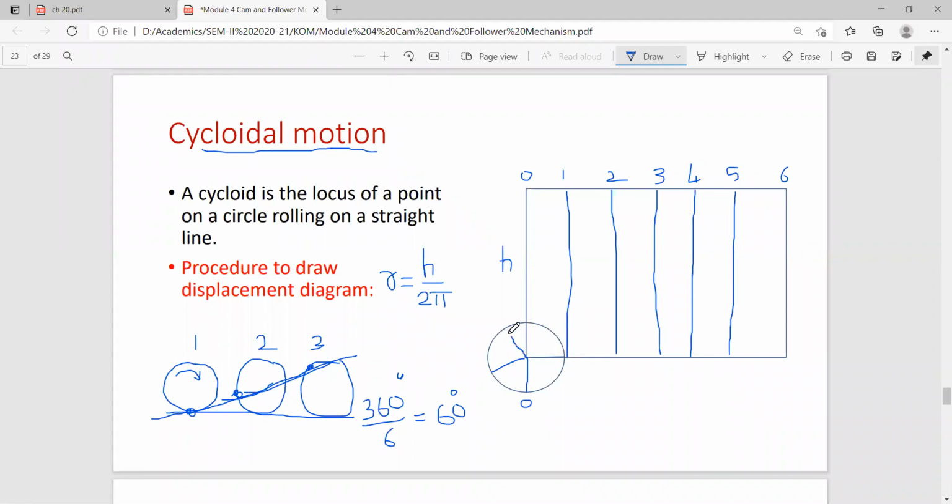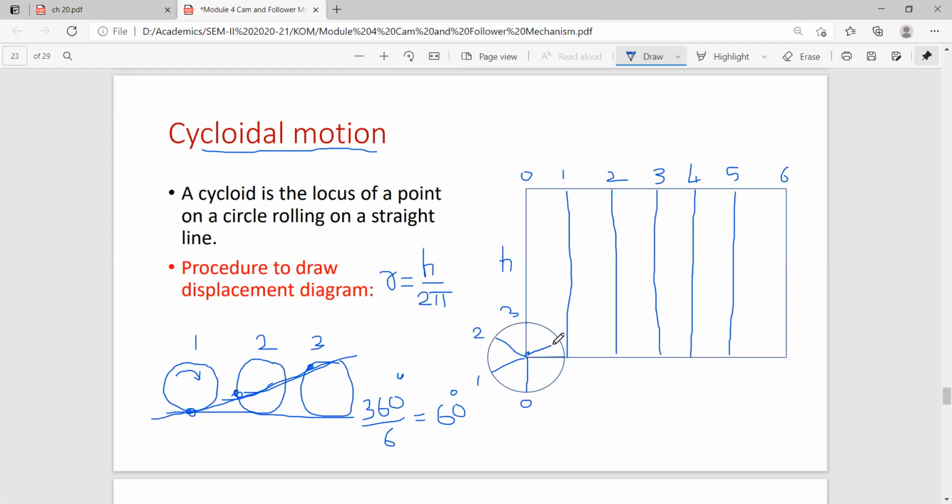Then this is the 60 degree. 1, 2, 3. This point is point 3. Next, in the same way, this half of the circle should be divided into 3 parts.